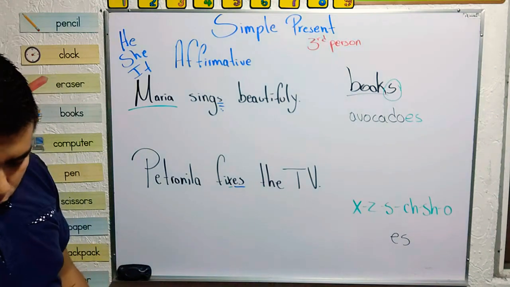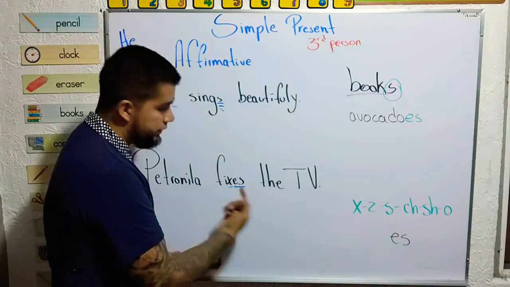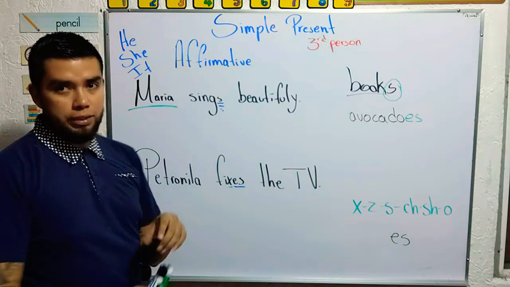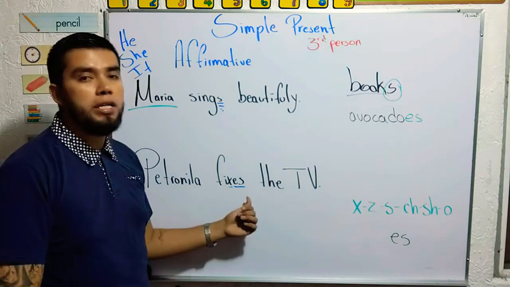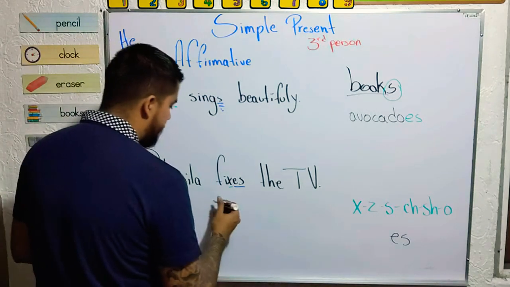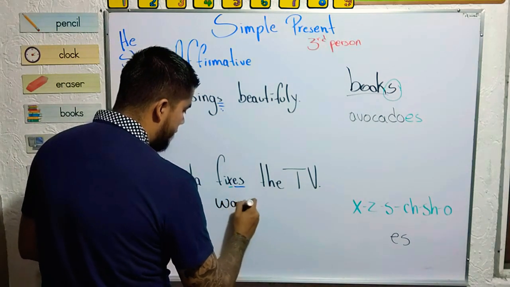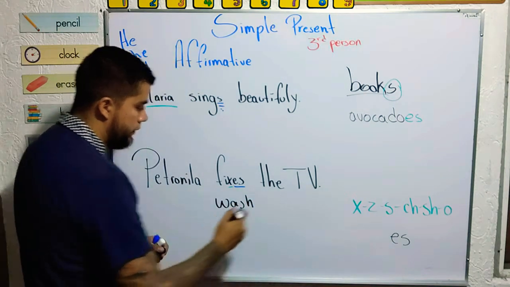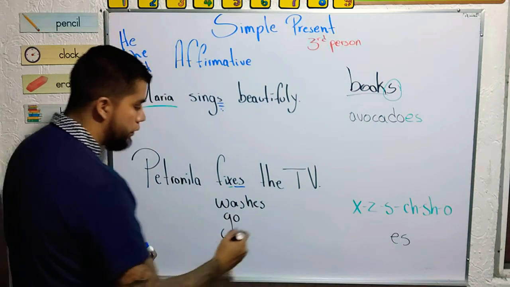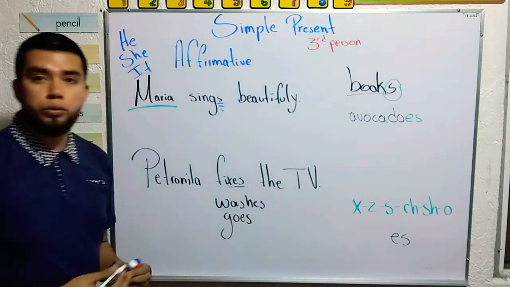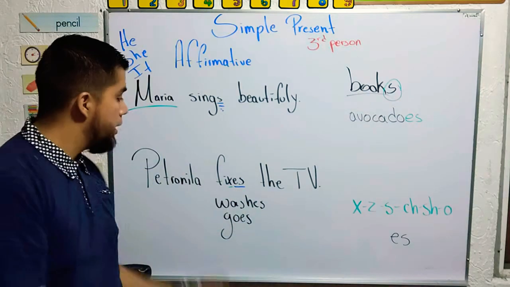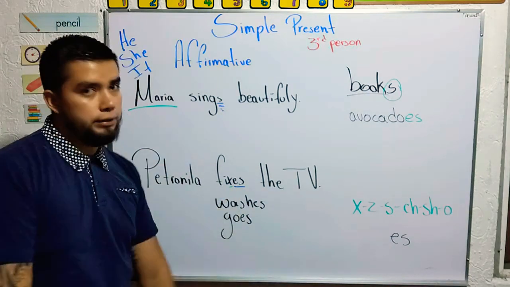So when we have verbs with termination x or any of the others, in the third person affirmative form, we're going to use es. More verbs with these terminations, for example, wash, washes. Go, goes.